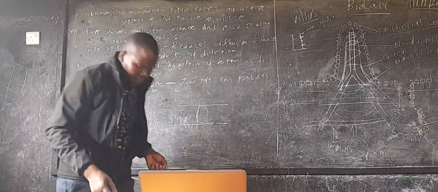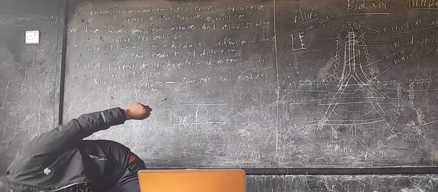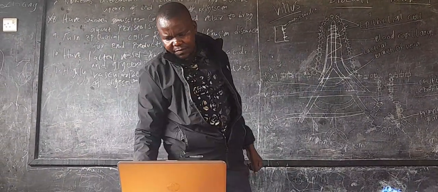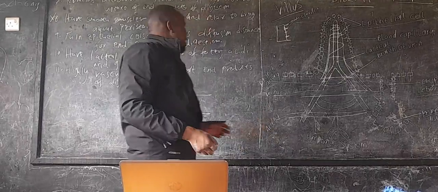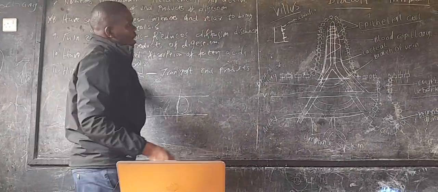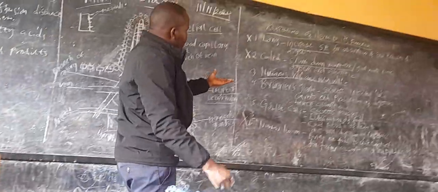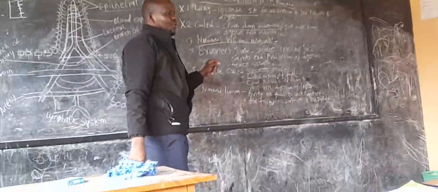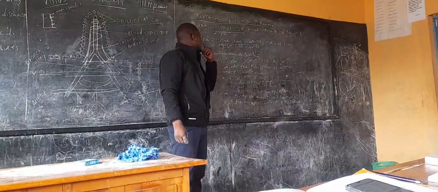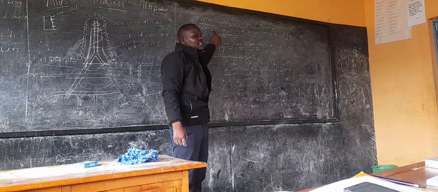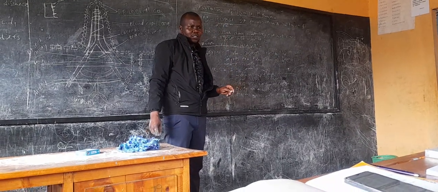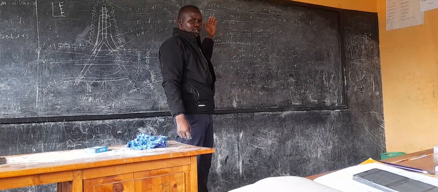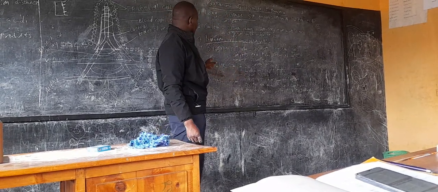Highly vascularization is about blood vessels, right? And the role of being highly vascularized is to transport the end products of digestion. Then we have numerous microvilli on the villi. Those are the hair-like projections, and they increase the surface area for absorption of the end products of digestion, right?